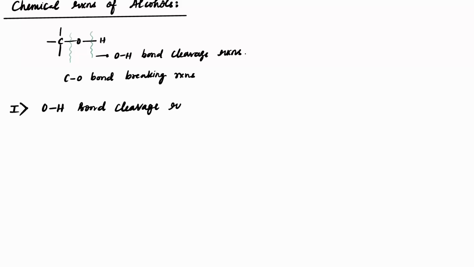OH bond cleavage reaction. Out of that, the first one is sodium metal, also known as the sodium metal test. So when you react alcohol with sodium in the presence of ethers, that will convert into RO minus Na plus and half H2.